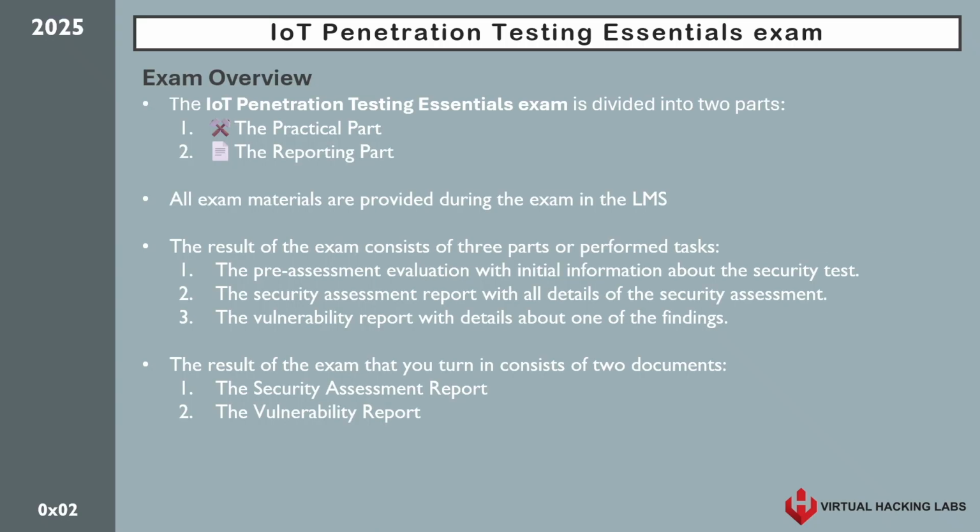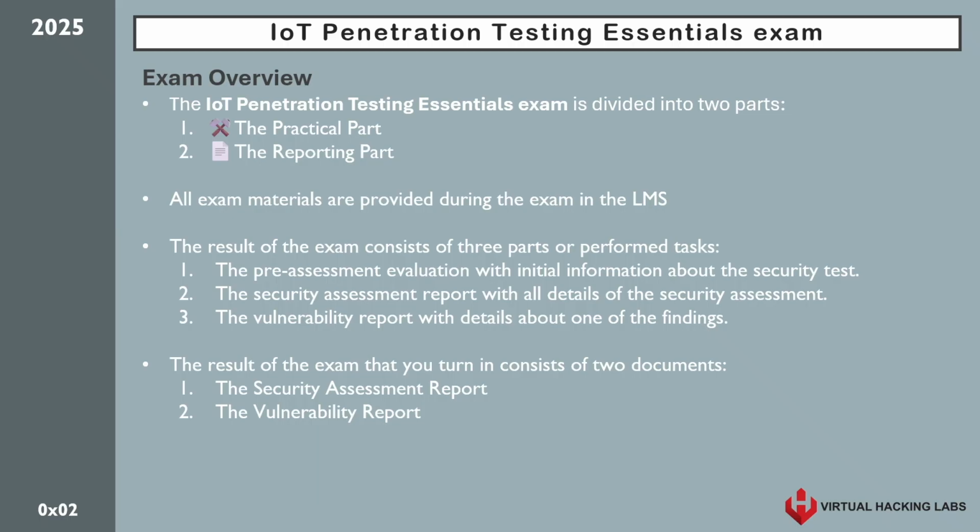The exam is divided into two parts. The practical part, where you perform the actual security assessment on the IoT device, and the reporting part, where you document your findings and present them in a structured report. During the exam, all necessary materials are provided to carry out the security assessment, including device images, measurements, data captures, and firmware dumps.